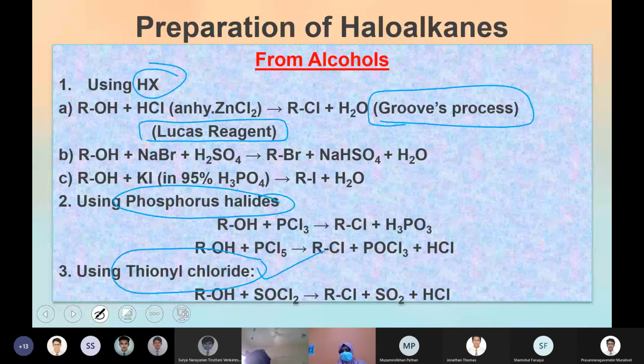Actually, the reason is SO2 and HCl are both gases. If the byproducts are gases, you don't have to do any particular separation method. The byproducts will escape, so what you get is RCl as a pure product.